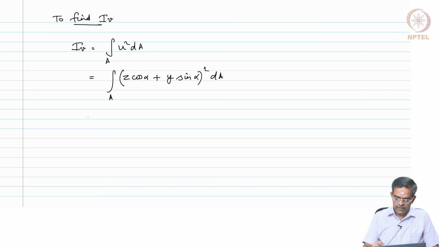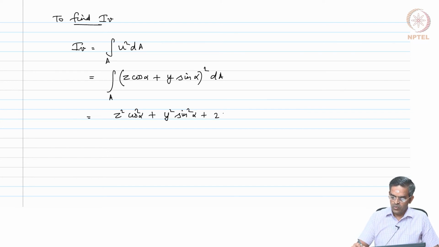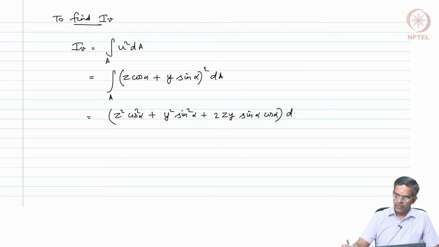Let us expand this, which will be z square cos square alpha plus y square sin square alpha plus 2 zy sin alpha cos alpha dA integrated over the whole area.